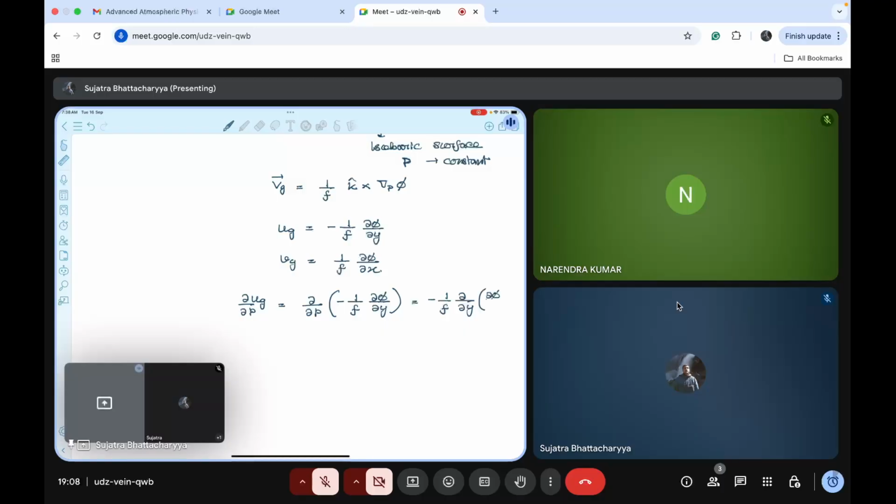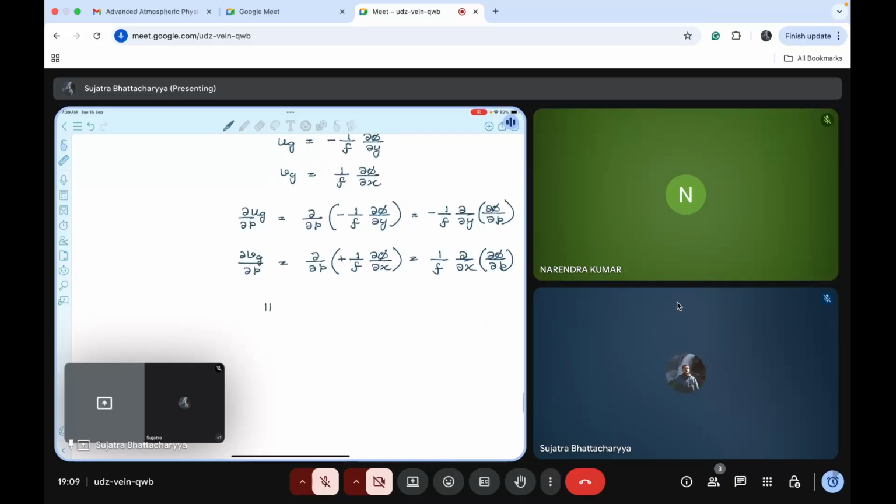And can I write this as delta phi by delta p? Yes. Similarly, delta VG by delta p, the meridional component, will be 1 by f again. f is not a function of p, so it can be taken out, delta by delta x, delta phi by delta p. Alright, so this is well known.